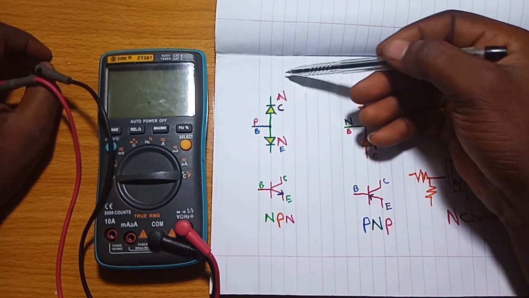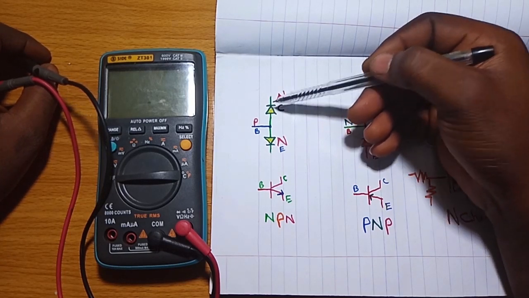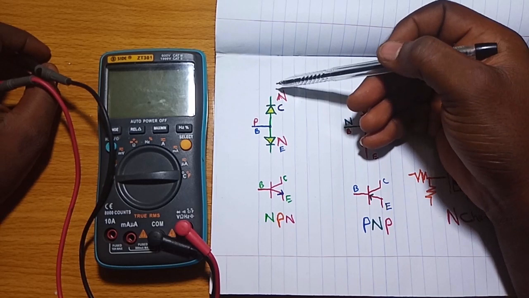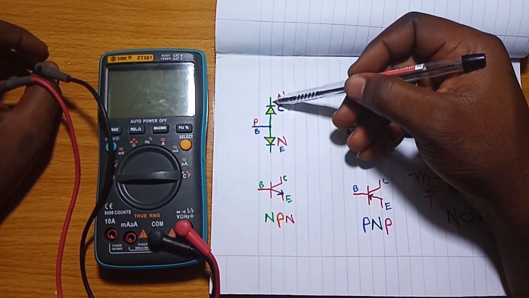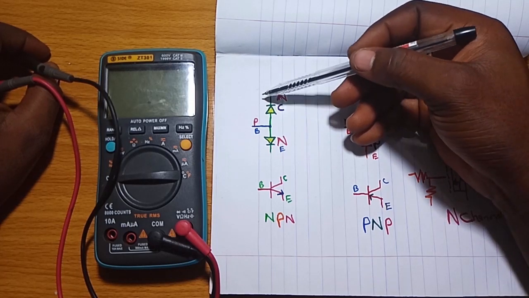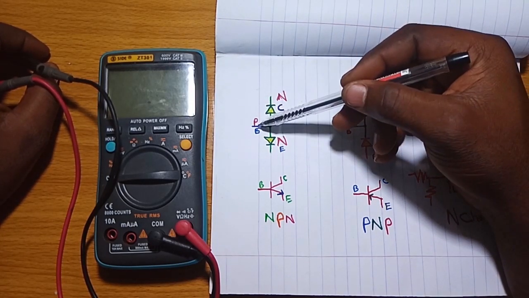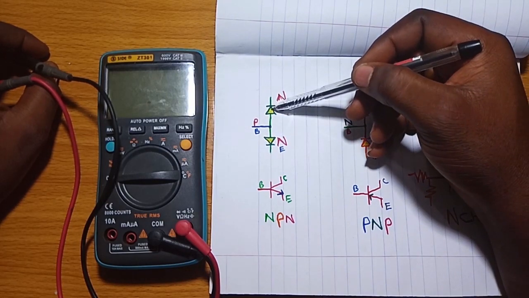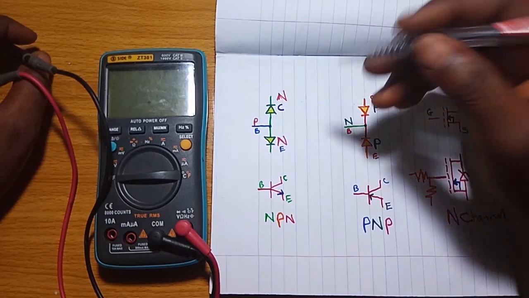But if you are trying to put a current through this side, you will notice that this diode will block that current. If you put current here, this diode will be in forward bias. And if you change your polarity and put the plus here and the negative here, this diode will be in reverse bias. So that's what I'm going to do now.